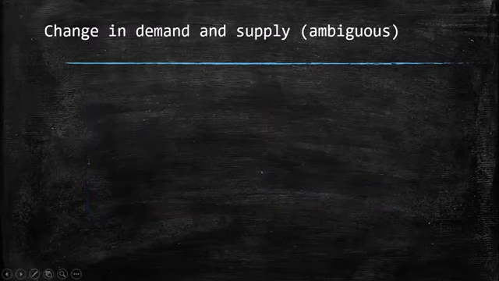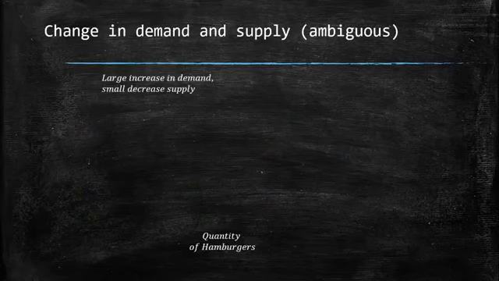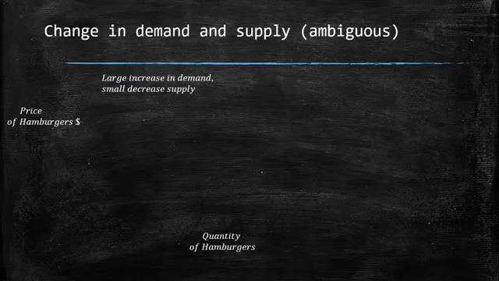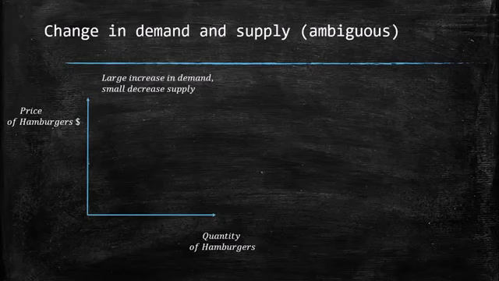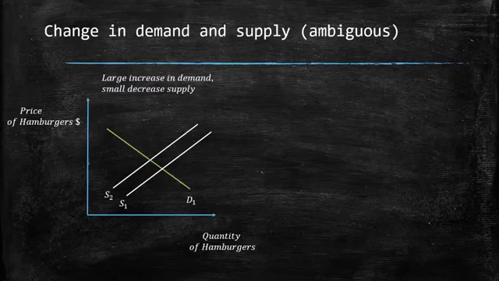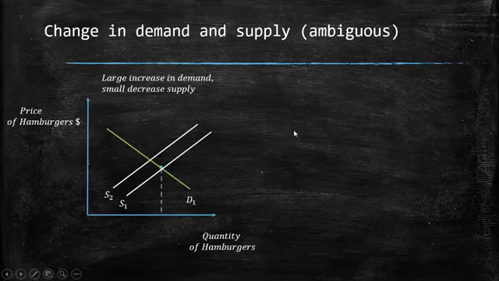So now I want to explain a little bit about the change in demand and supply. Imagine there is a large increase in demand and a small decrease in supply. Here you see that for the supply, there is a small decrease, S2, so it shifts to the left.